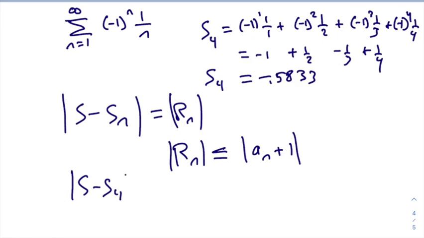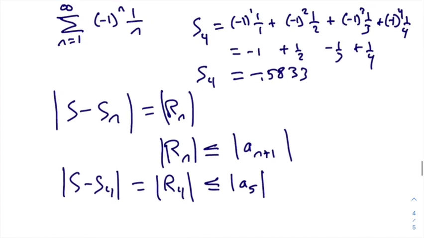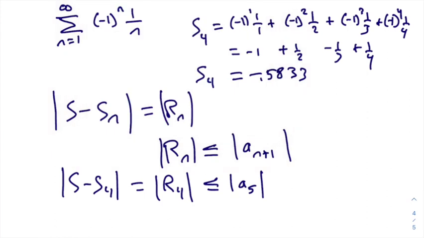So if we did 4 terms, then we're going to find out that the remainder after 4 terms is going to be less than or equal to the 5th one. Sorry about that. All right, so what is the 5th term of our series?